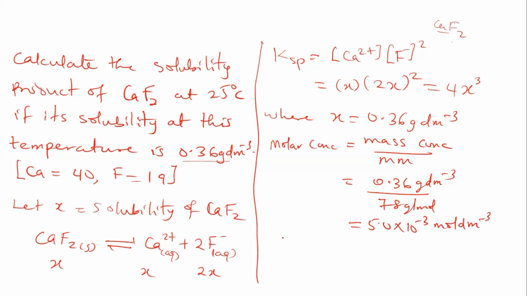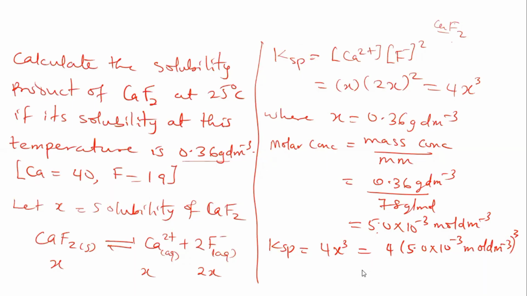All right, so of course the KSP is 4X cubed, and you put this value into X. When you press your calculator, what are you going to get?